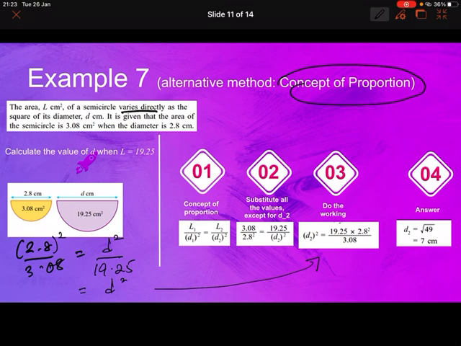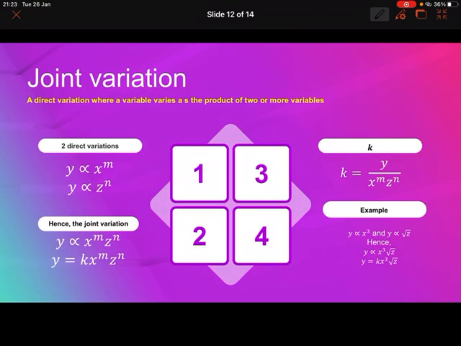Next let's move to joint variation. Joint variation is actually a direct variation where a variable varies as the product of two or more variables. Here I have two direct variations: y varies directly as x to the power of m, and y varies directly as z to the power of n.